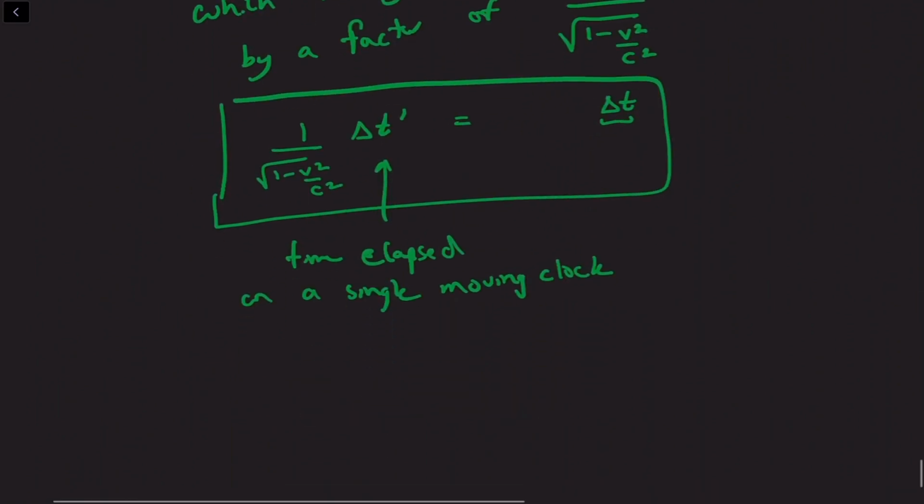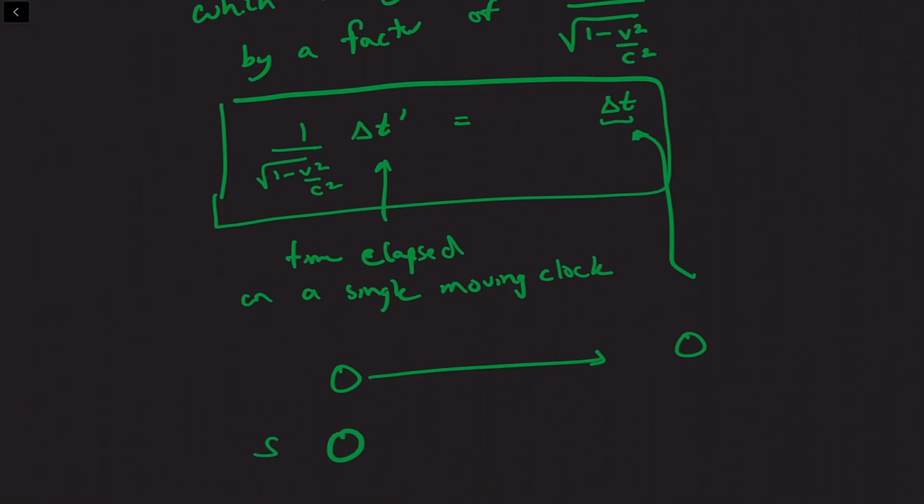And you have to be careful with how you interpret what this time is. So that moving clock moves to the right. You time it with a clock on the ground over here, and you time it with a clock on the ground over here, and these clocks are synchronized. And the time interval between these two clock measurements is what we call delta t.